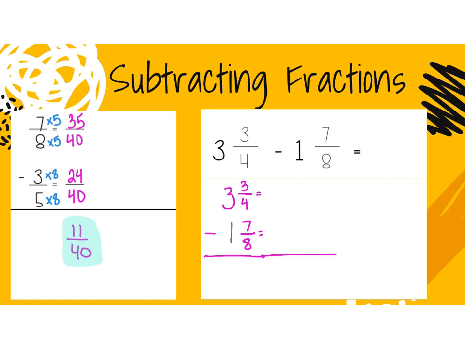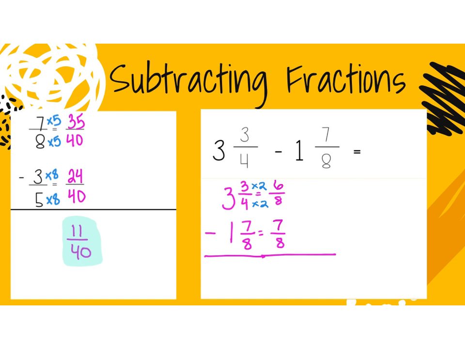So the smallest common denominator that I could find would be 8. Since my fraction down below already has a denominator of 8, I don't have to convert this fraction. For the fraction up above, to get from 4 to 8, we multiplied by 2. 3 times 2 is 6.